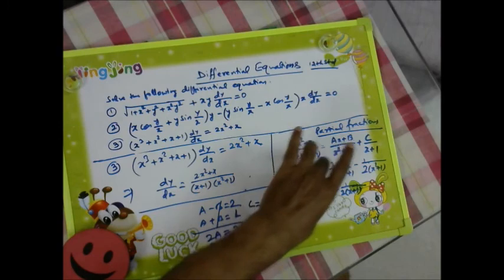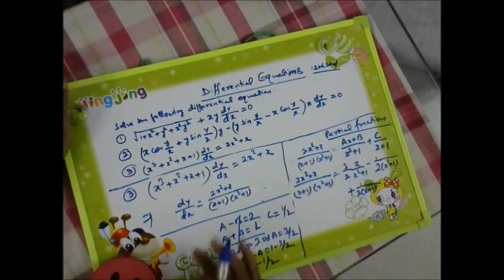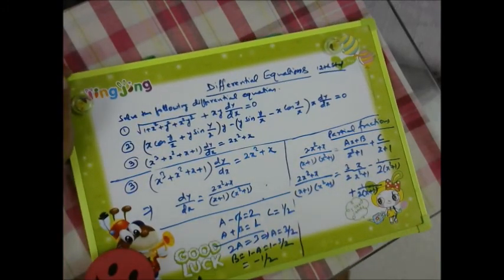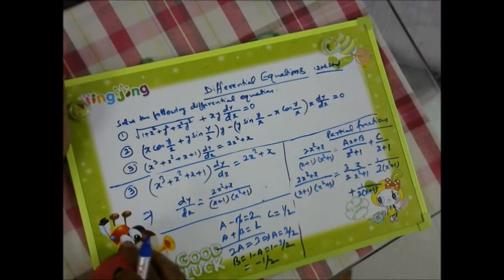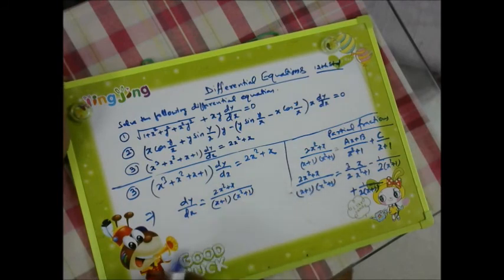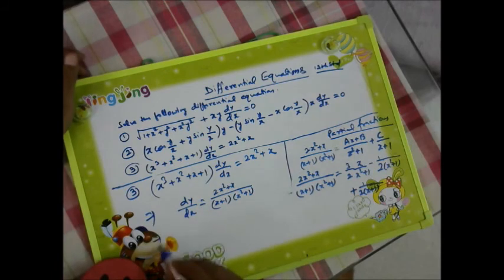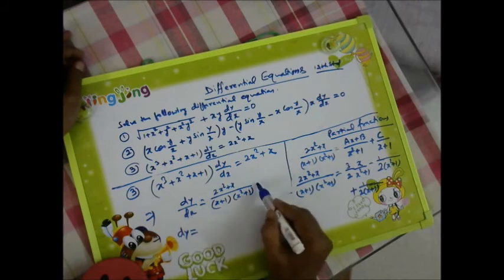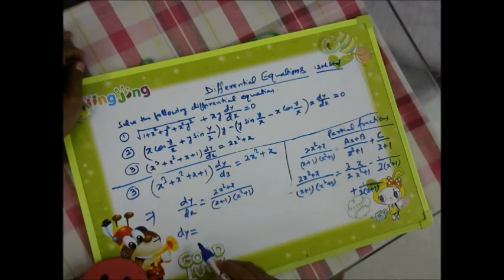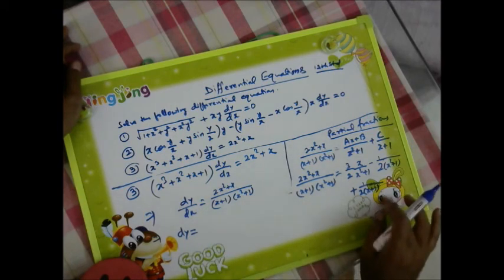This full expression can be converted into this form, which will make our work easy in solving this integration. So let me rub this side and we will substitute whatever we have got on the right hand side. So this has become dy is equal to, this dx will come this side, and in place of this expression we will place this one.